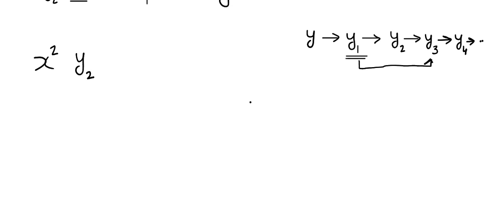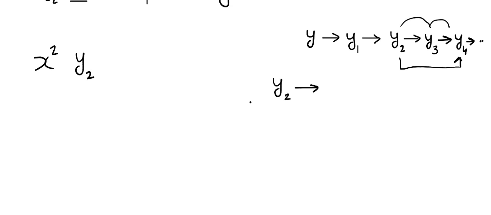Once more I will tell you. Suppose you differentiate y2 2 times. You are going to get y4, right? First time this, second time this. That means if you differentiate y2 3 times, let's see what happens. We will get y3, y4, y5.